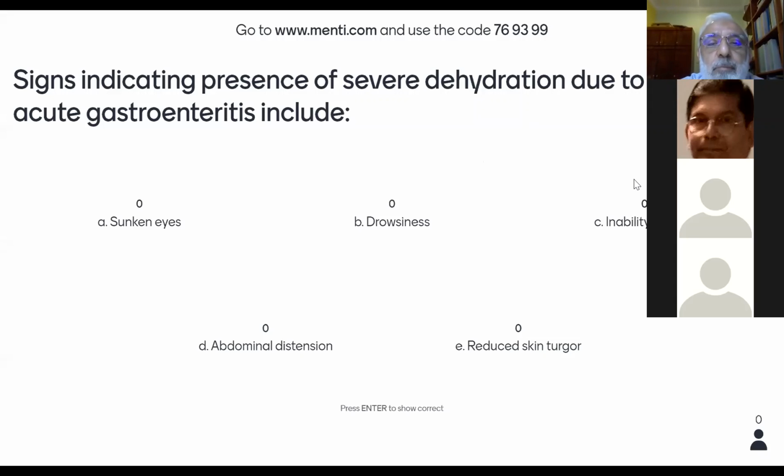Signs indicating presence of severe dehydration due to acute gastroenteritis include... So you don't need to necessarily give the right answer. This is just a practice session, to see if we can do that.